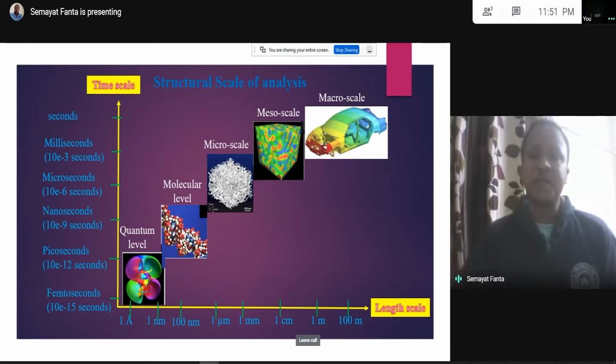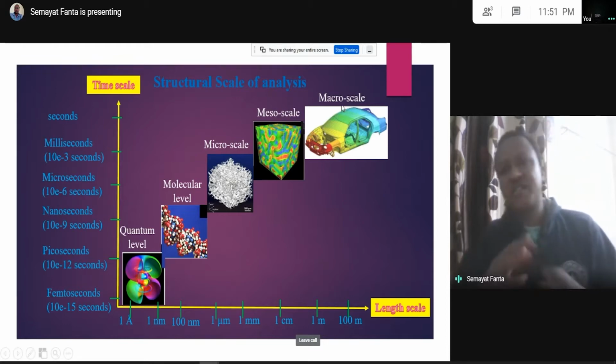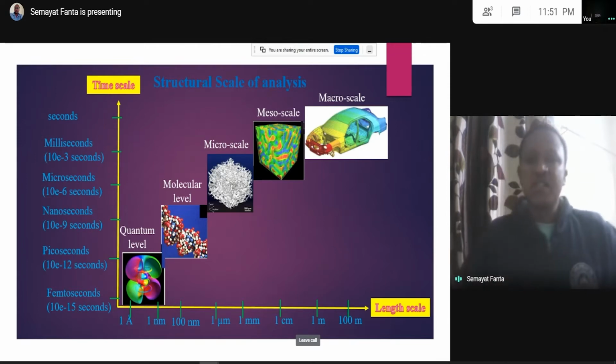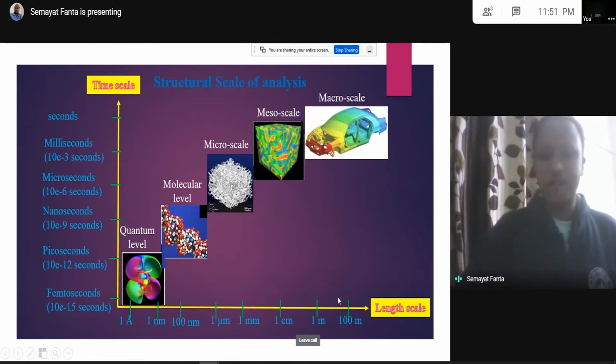Finally, we get the laminate. So the macro scale indicates the scale of the structure or laminate itself. Okay, so this is the scale of analysis of the structure.